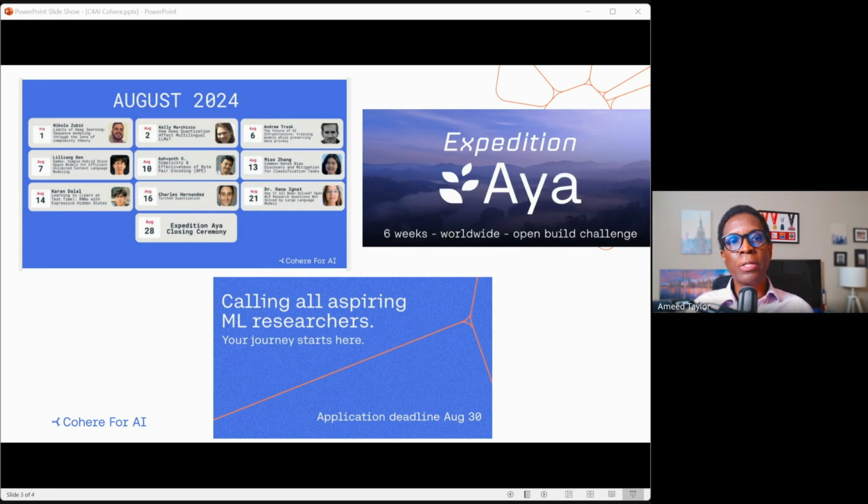But probably the thing Cohere for AI is more known for, in terms of its programs, is its research program, the Cohere for AI Scholars Program. It offers a full-time paid opportunity for diverse emerging talent to engage in cutting-edge machine learning research with world-class mentors within Cohere and outside of Cohere.